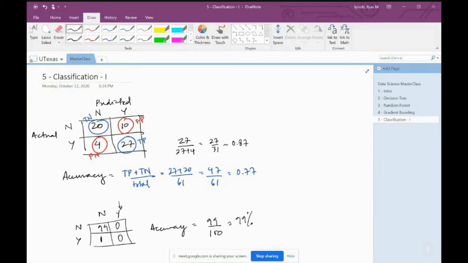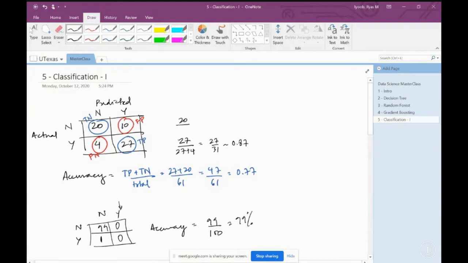And if we then look at the proportion of people, let's do the same thing up here. What is the proportion of people that we got right, that actually didn't have the disease and we predicted them to not have the disease?